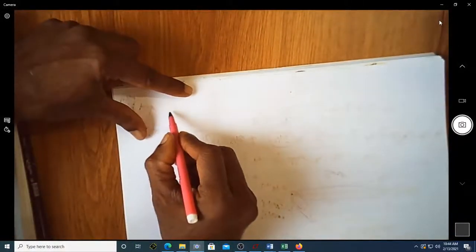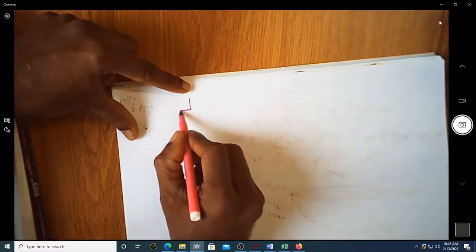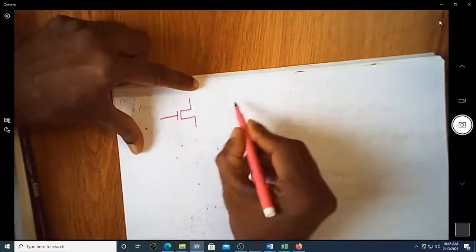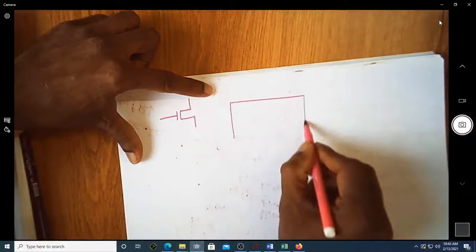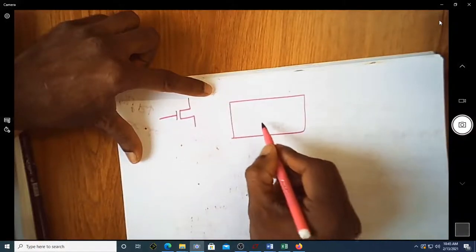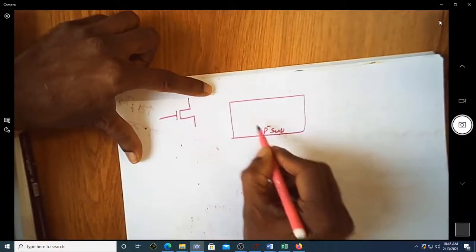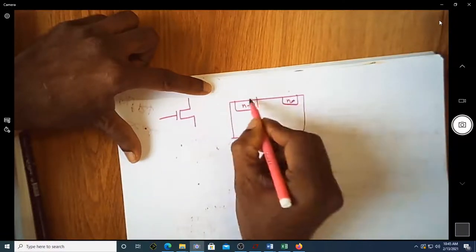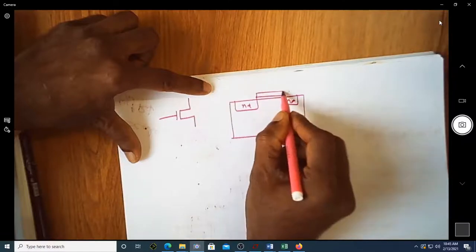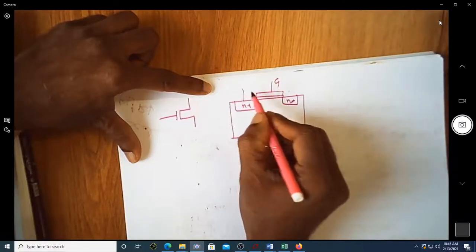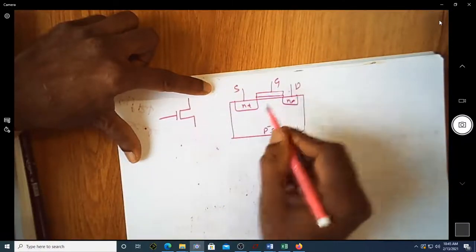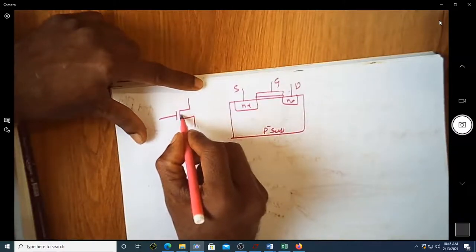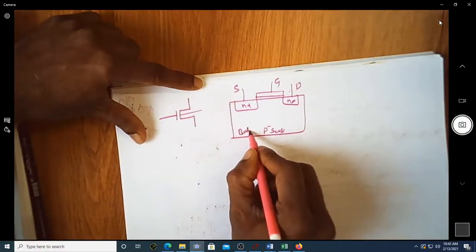When I say scaling, you are trying to increase the dimension. We know this is an NMOS transistor. Suppose this is the cross section: this is the P minus substrate, and you have N plus regions here and here. You have an oxide, this is your gate structure, source, drain, and this is your bulk.